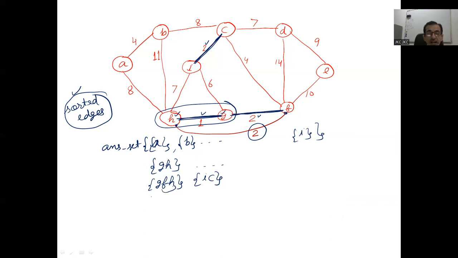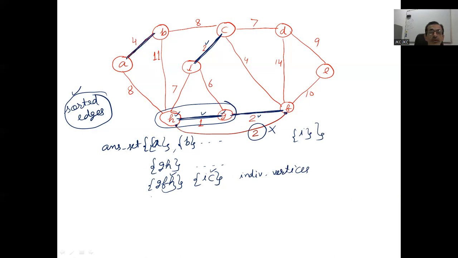Distinct components are not being connected via this, hence this will not get selected. So at present I have GFH, IC and all the individual vertices remaining. After this, I will look for the next least weight edge.